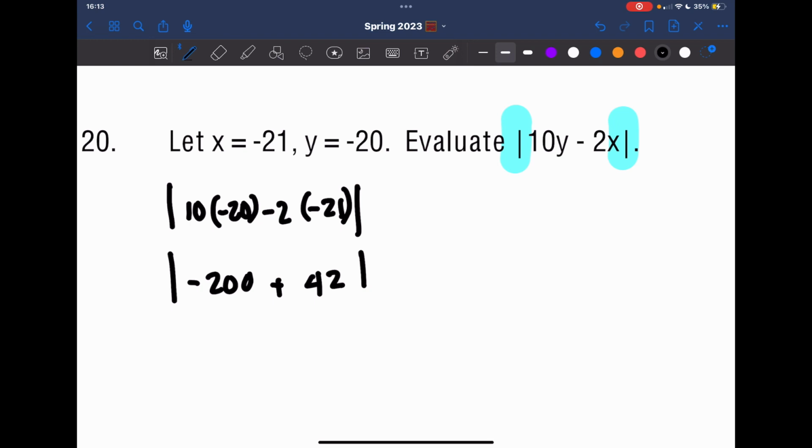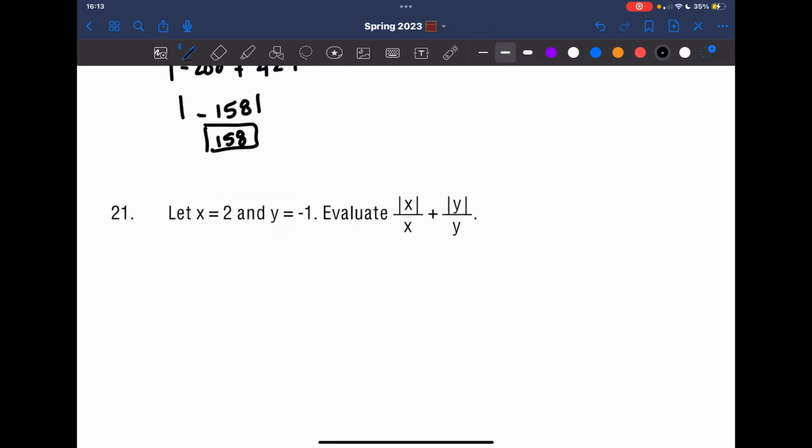So negative 200 plus 42, I'm going to get absolute value of negative 158. And then the answer for number 20 is 158, because when you take it out of the absolute value, it's positive.